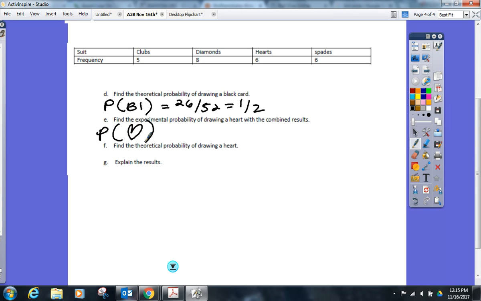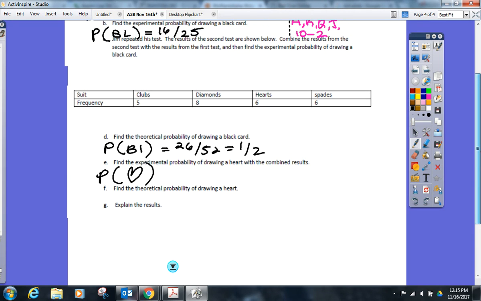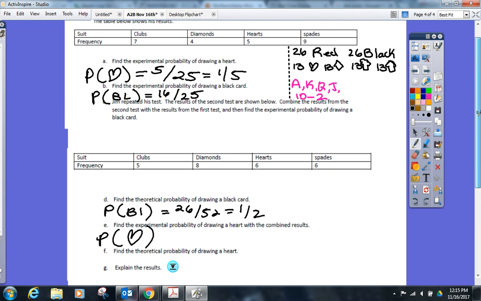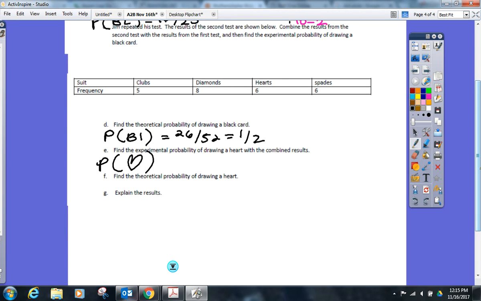Combine your results now. So out of the 2 experiments, Patrick, how many hearts did he end up picking? 11 out of 52. Yep. And I don't think that reduces. Theoretical probability you get a heart. Megan, out of a deck of cards, how many hearts?